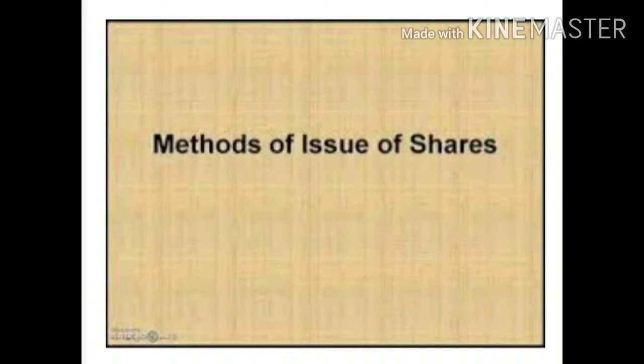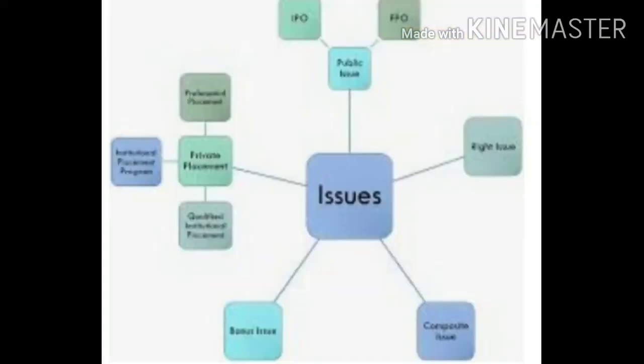Let's see the chart of methods of issue of shares. There are 4 divisions involved in the method of issue of shares: A. Public offer. B. Existing equity shareholder. C. Existing employee. And D. Private placement.